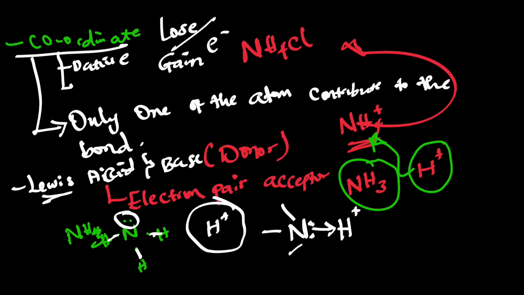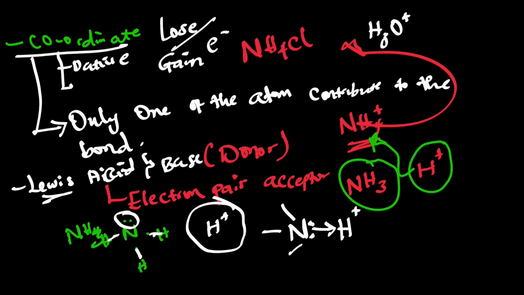So whenever you see a coordinate compound, it's always represented with an arrow. Other examples of coordinate compounds include your hydronium ion, and so on and so forth. This example is not for practice, it's about helping you understand the concept.